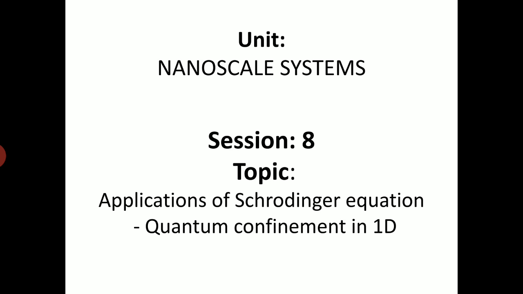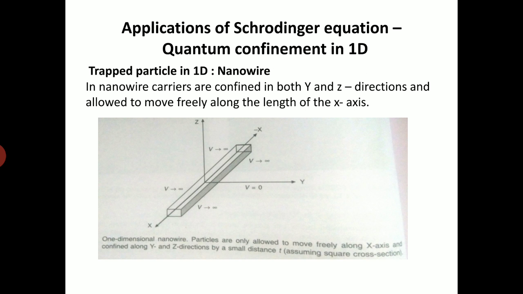Now I am going to discuss quantum confinement in one dimension, which comes under the unit nanoscale systems. Quantum confinement in one dimension means that in nanowires, carriers are confined in both the y and z directions and allowed to move freely along the length of the x axis.